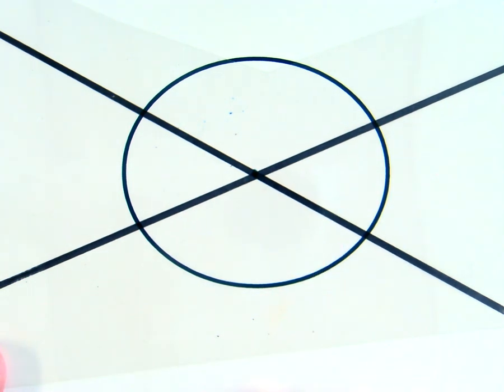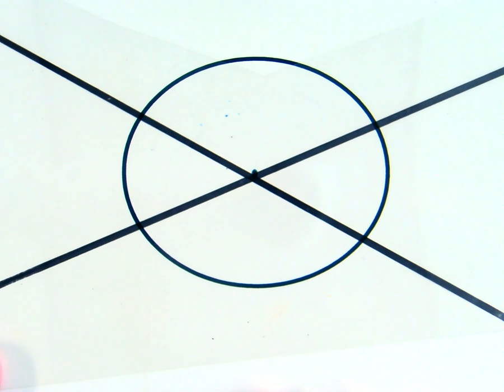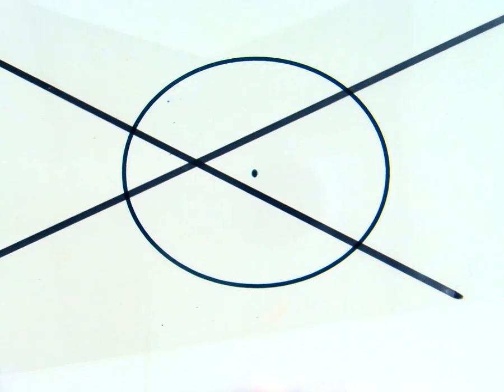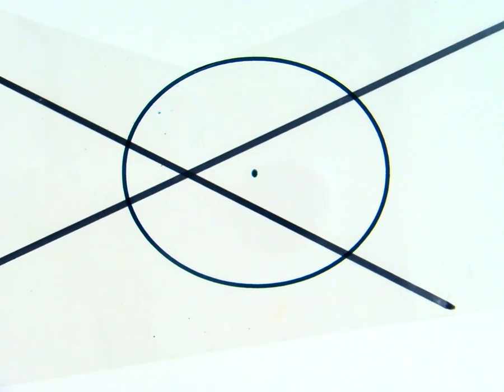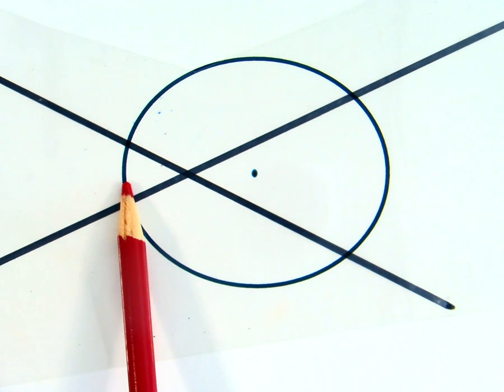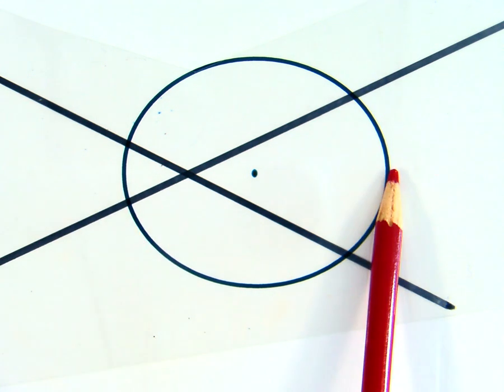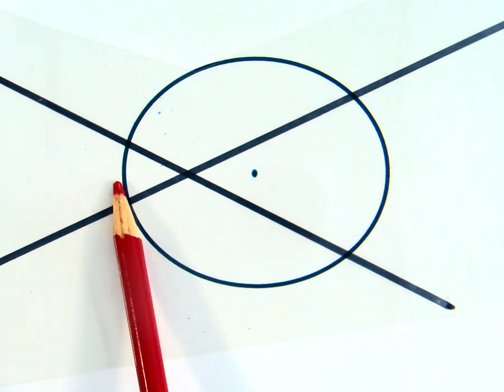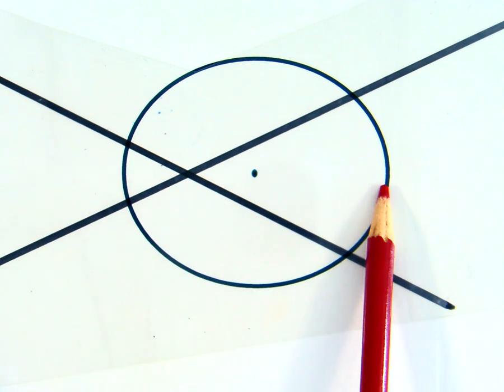But look what happens here. Look when this intersection goes traveling. So the intersection comes over here. Notice that the left arc got smaller and the right arc got bigger, smaller, bigger, the same amount.